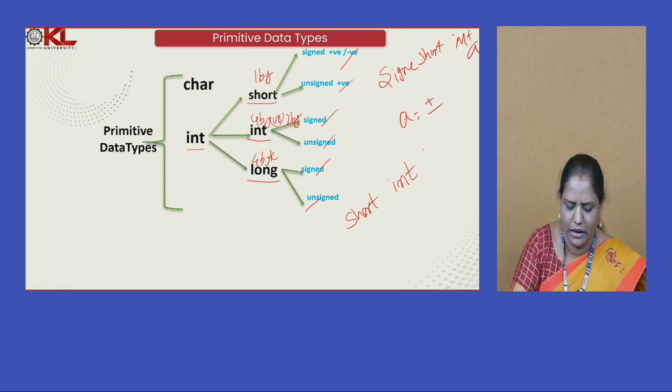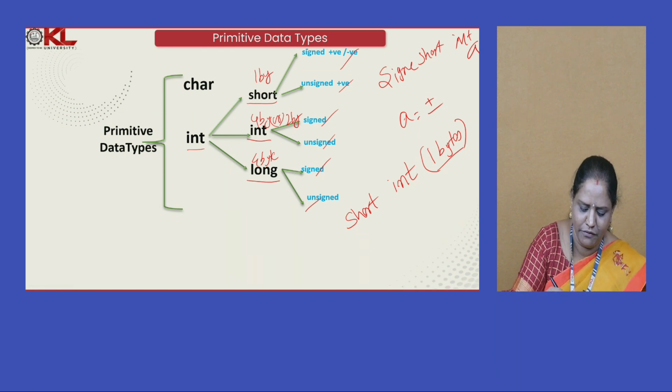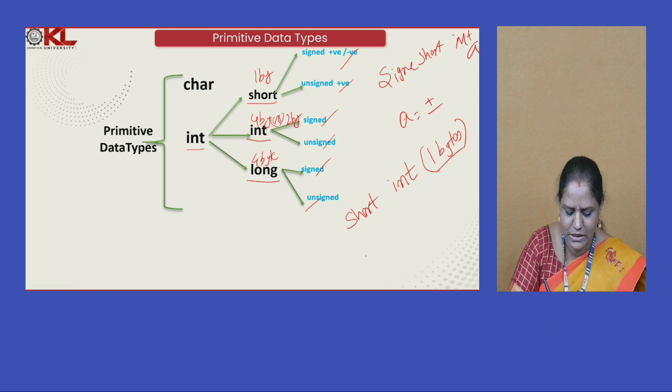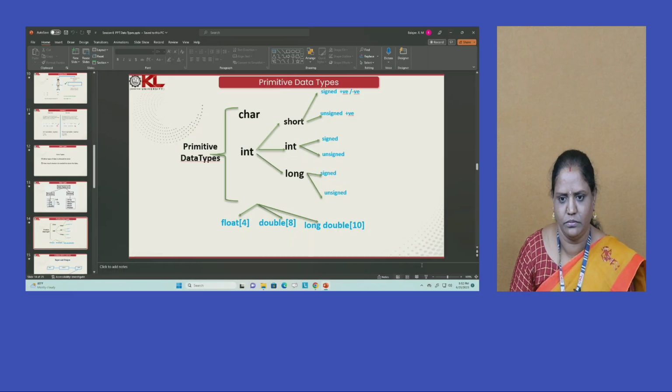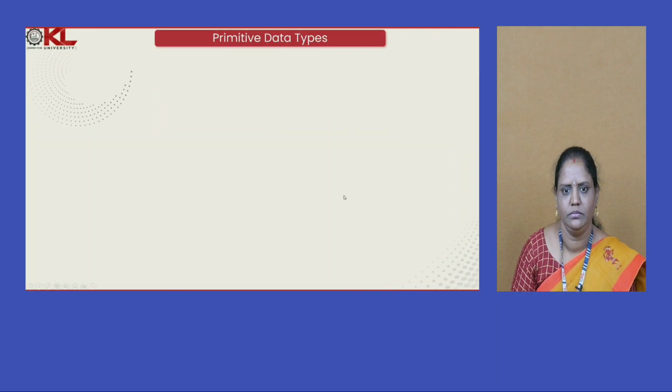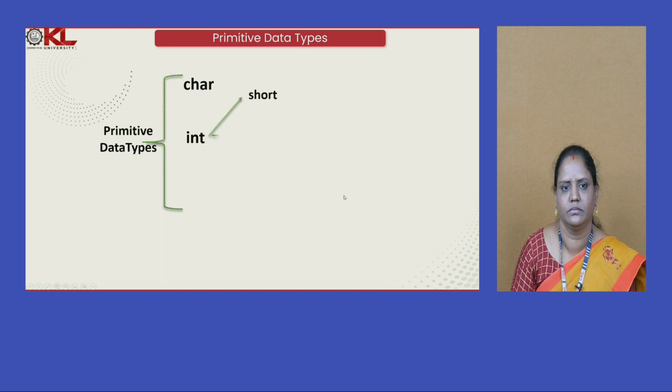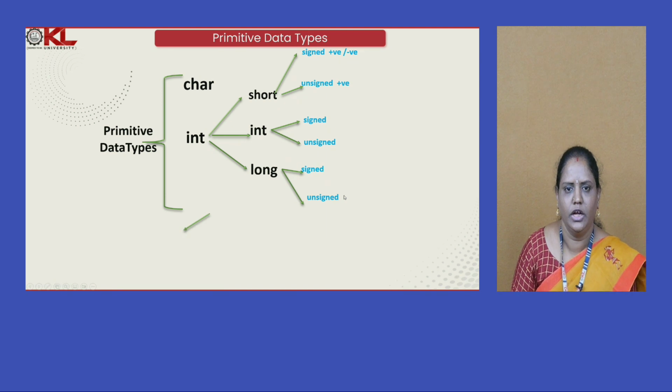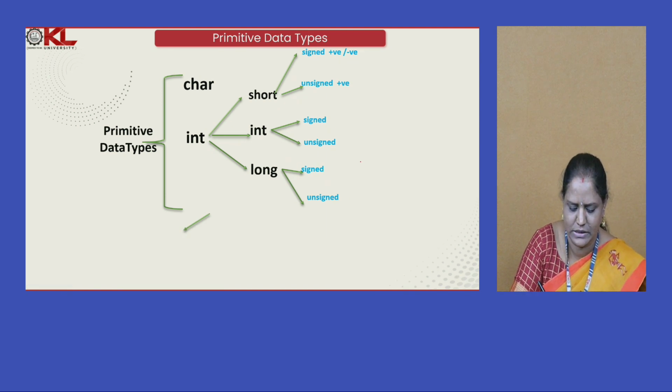Whenever I declare any variable with short int, the memory it occupies is 1 byte. Now 1 byte determines the range of value I can store. For example, if it is signed, the range of value I can store is minus... Now for example, signed int a I declared.